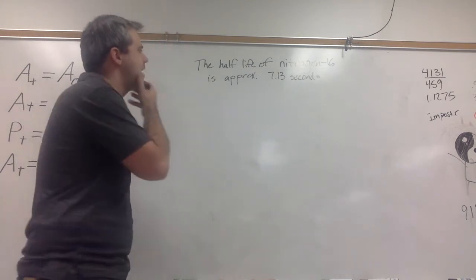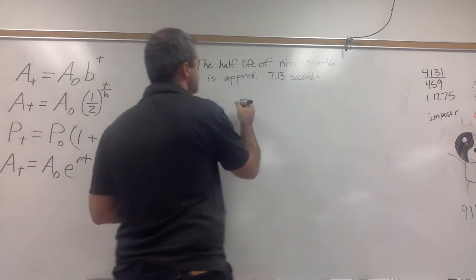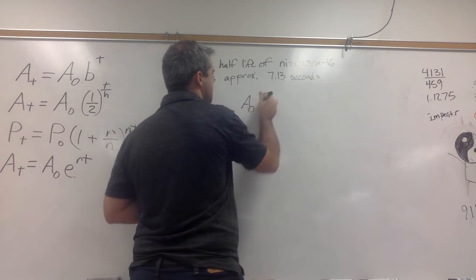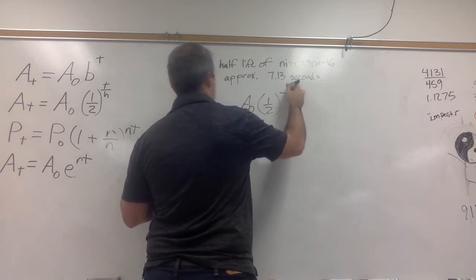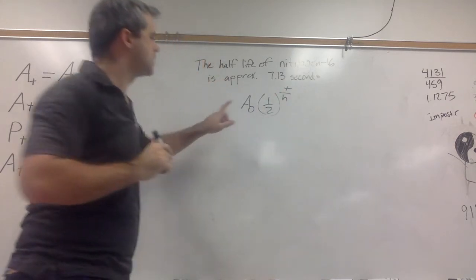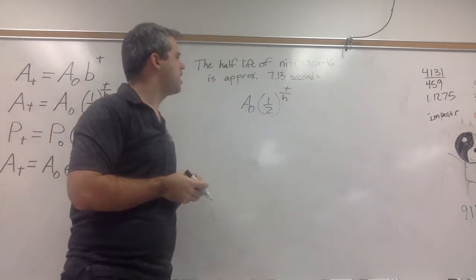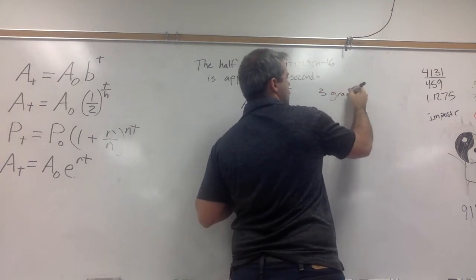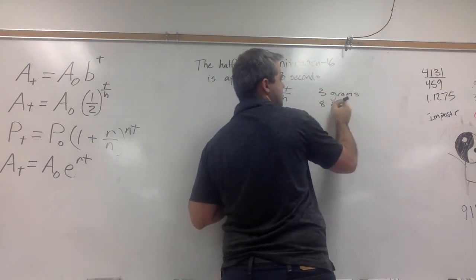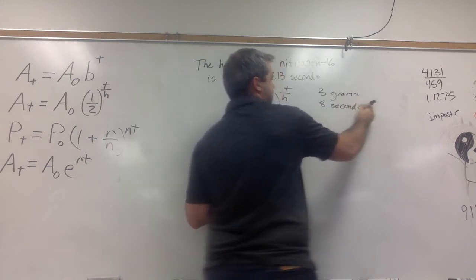Let's see if we can figure this guy out. So our starting amount, well, let's say we have 3 grams, and we want to see how it decays over 8 seconds.